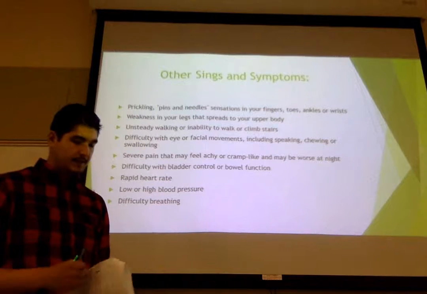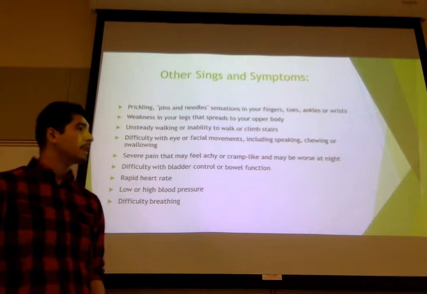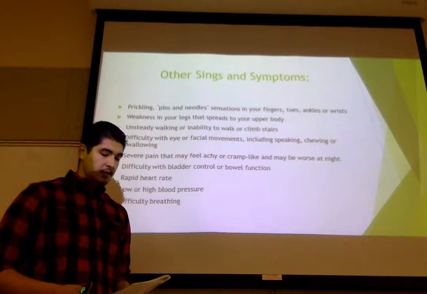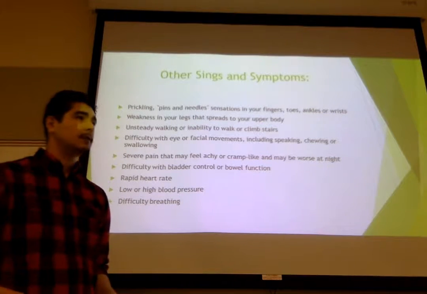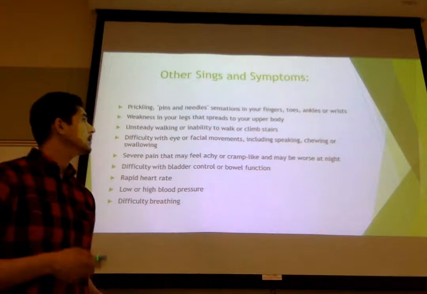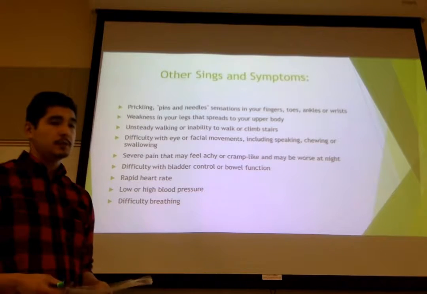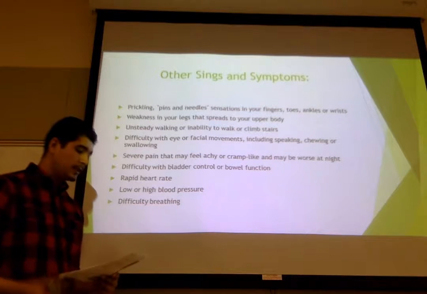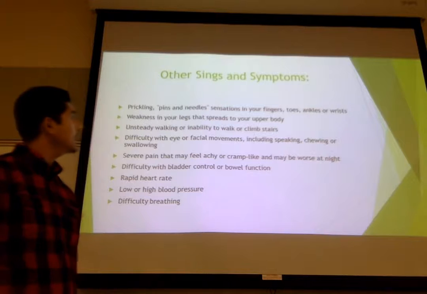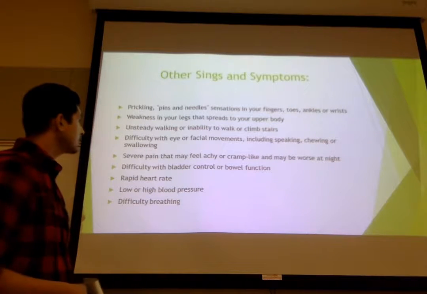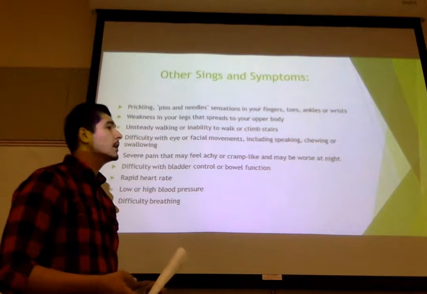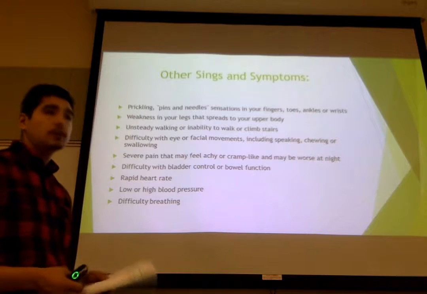So what are other signs and symptoms? A prickling, pins and needles sensation in your fingers, toes, ankles, or your wrist is what is most commonly described by patients. Weakness that spreads to your upper body, so again, that ascending paralysis. Unsteady walking or inability to walk or climb stairs.